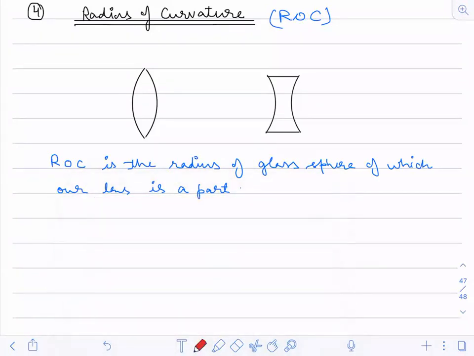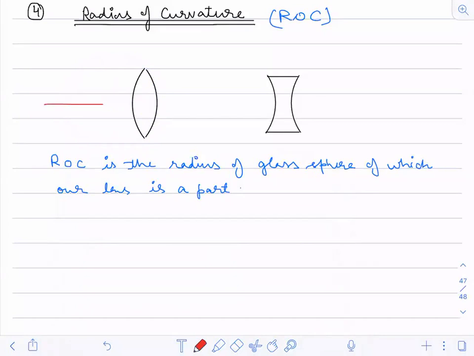Just see here. This is the curve and this one will be the sphere for this, and this one is the center. What is the radius now? This length, this distance, is the radius of curvature.